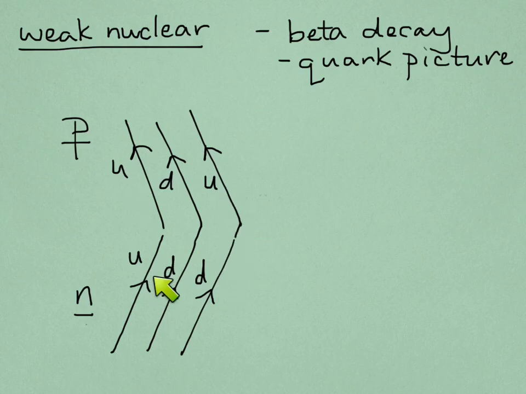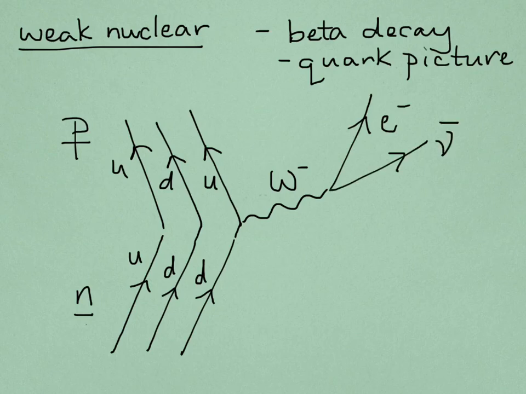So these two are unchanged, so they're sort of drawn over at the side, and it's just this one we've got to worry about. But apart from that, the diagram is just the same as neutron into proton, in that the neutron's got to lose some negative charge to become a proton, so it's a W minus boson, and the rest of the diagram is exactly the same. The electron takes the charge, and to conserve lepton number we have an electron and an antineutrino.